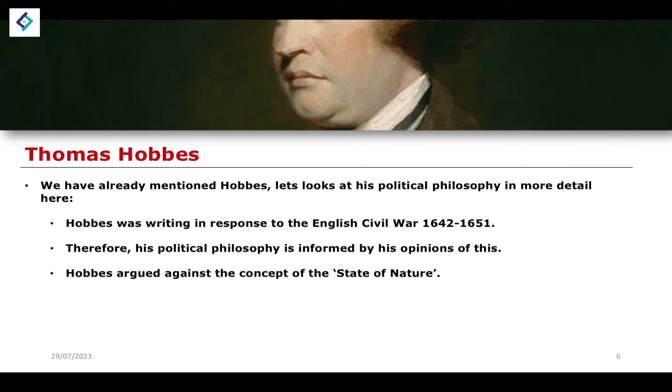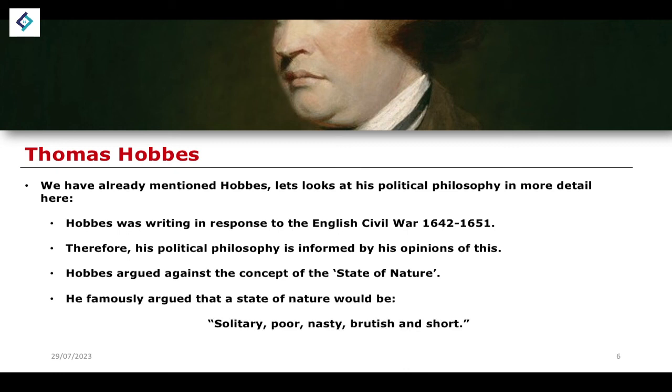Ultimately, Hobbes argued against the conceptualization of a state of nature, a society without a sovereign, a society without a state, should I say. He argued that the state of nature would be solitary, poor, nasty, brutish, and short.